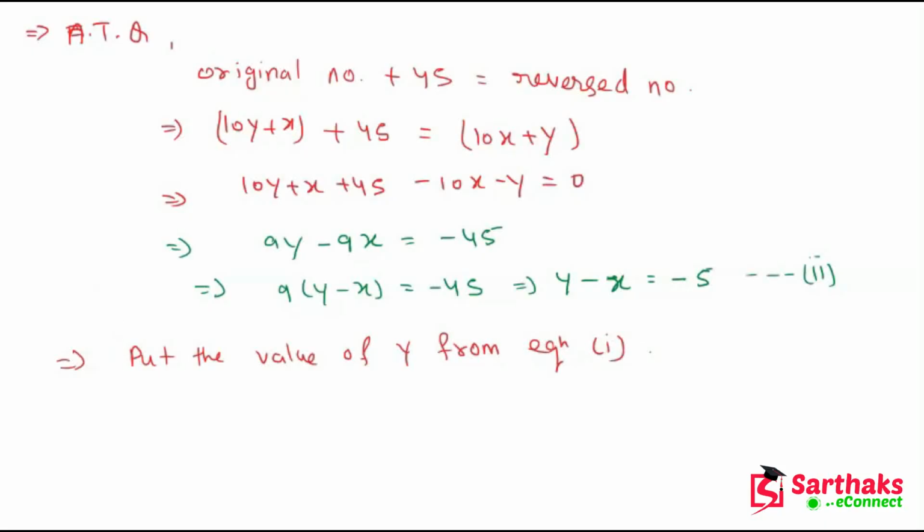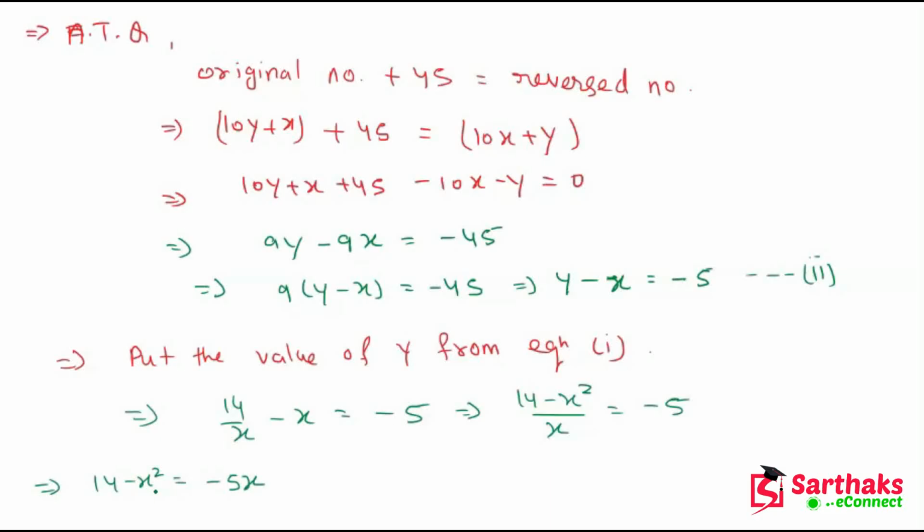So here, if we put it, we get 14 upon x minus x equals minus 5, and if we take x as LCM, we get 14 minus x square equals minus 5x.